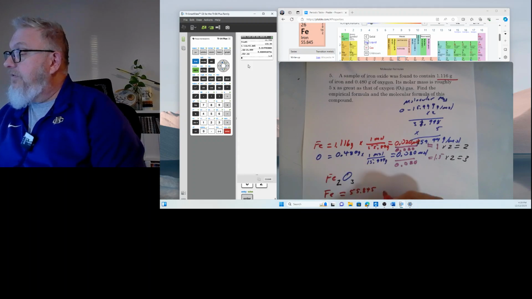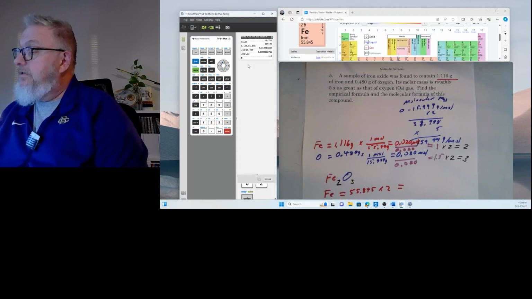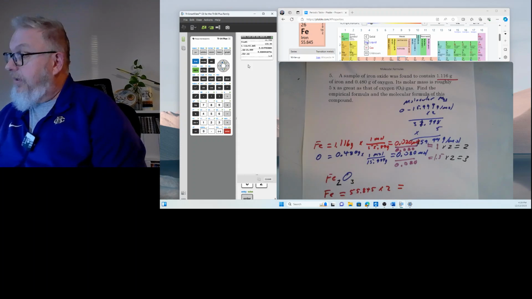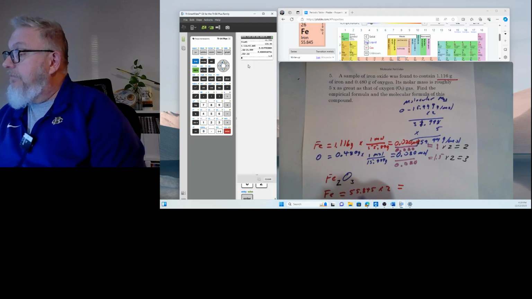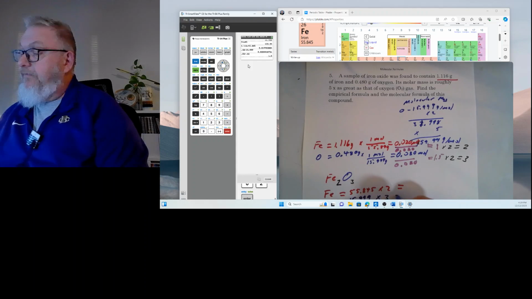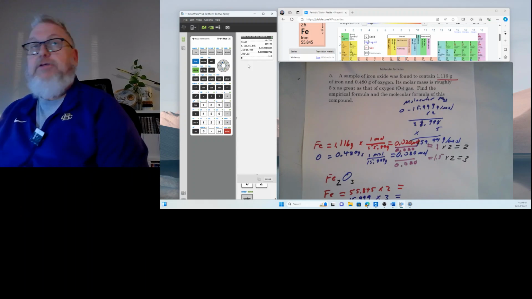I have 2 of those in the empirical formula. So we'll figure out what that is. So oxygen, in what I calculated is the empirical formula, okay, the molar mass of oxygen is 15.999. Says I have 3 in the empirical formula. So we have to calculate the mass of that. So let's do that real quick.